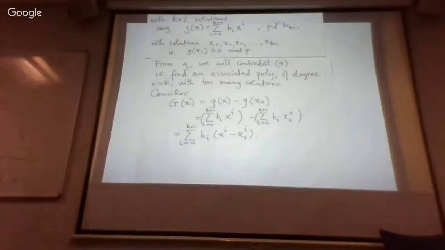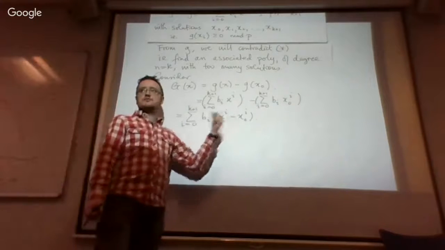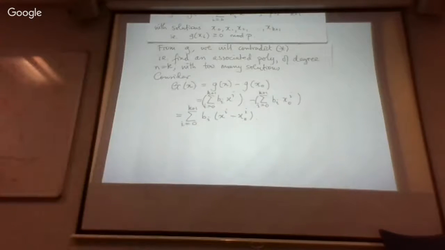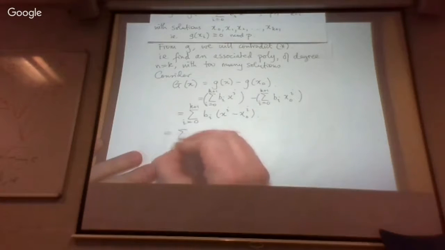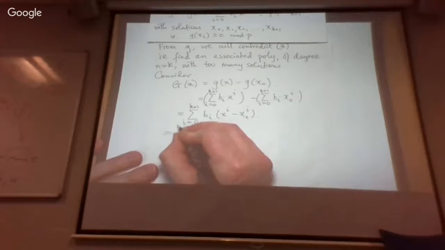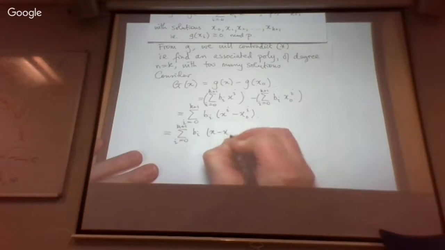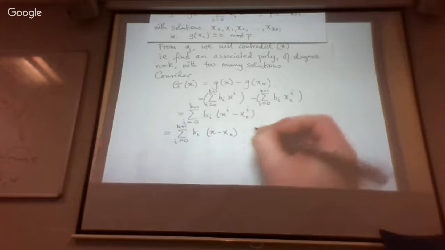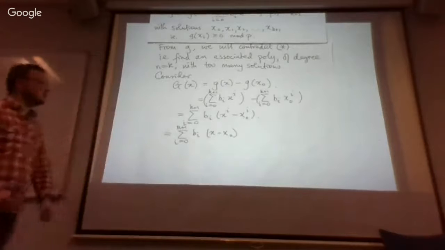Well, we can always factorize such a difference of powers. We can always extract the factor x minus x naught itself out of that. And it'll leave behind some other polynomial.